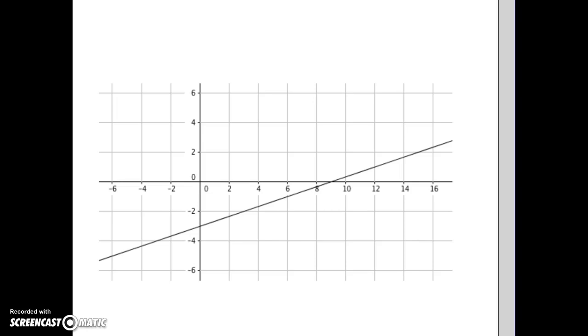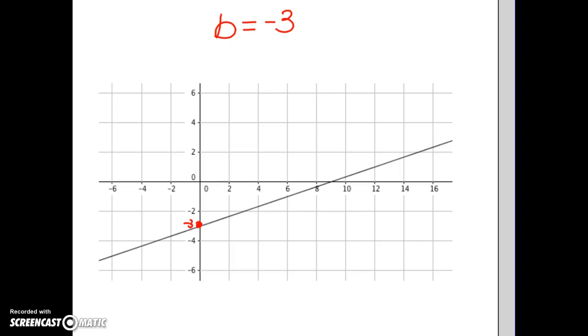As I look at this graph, I do see that each box is being counted by 2. So my y-intercept right here appears to be at -3 on the y-axis. So I'm going to make a note that the y-intercept, which we always represent as b, is going to equal -3.